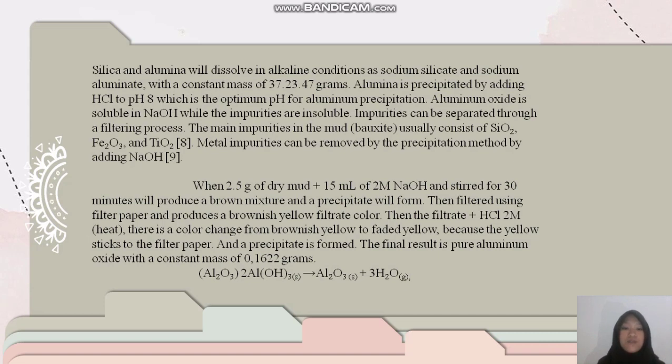The filtrate plus HCl to pH 8 shows a color change from brown yellow to pale yellow, because the yellow sticks to the filter paper and precipitate. The final result is pure alumina oxide with a constant mass of 0.1622.